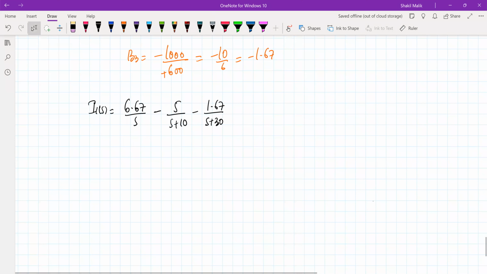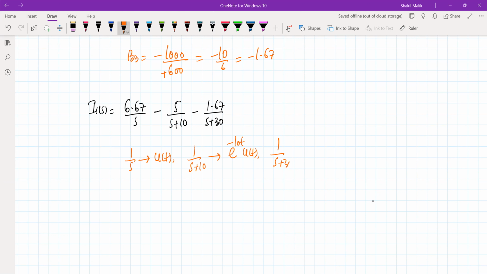Right? So now we know the inverse Laplace transform of 1 by S is simply U of t. And inverse Laplace transform of 1 by S plus 10 is simply e to the power of -10t U of t. And inverse Laplace transform of 1 by S plus 30 is e to the power of -30t U of t.